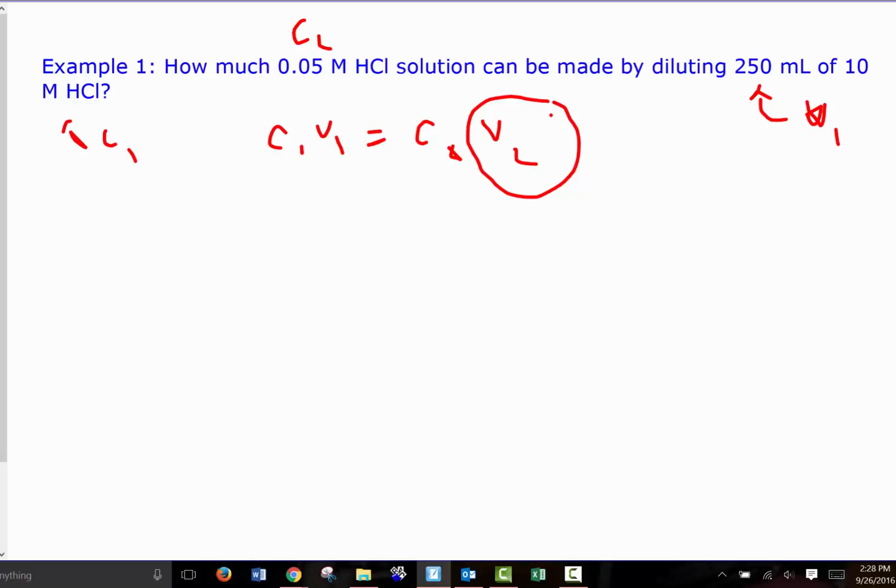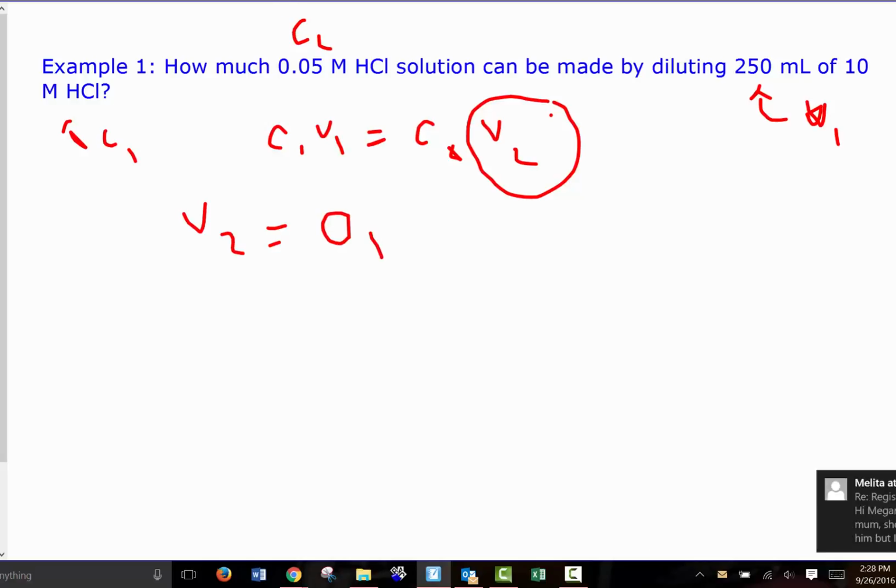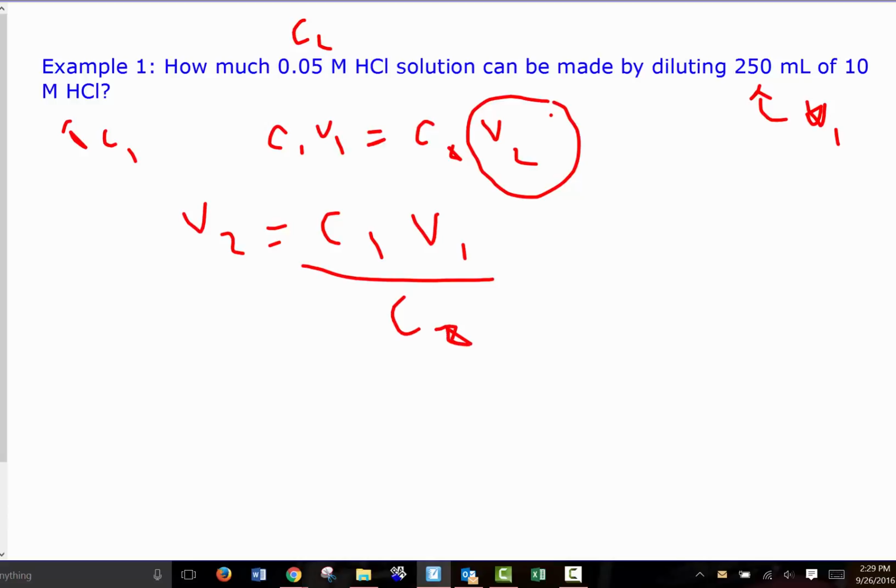I need to divide both sides by C2 so that I get V2 is equal to C1 V1 divided by C2. And now that I know who C1, V1, and C2 are, I can go ahead and plug them into my calculation because I know what those variables are.